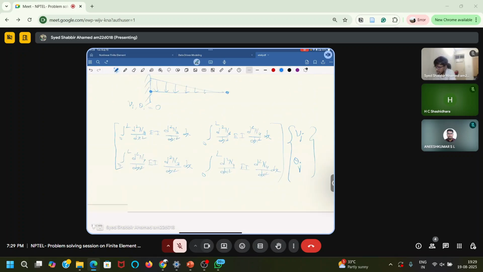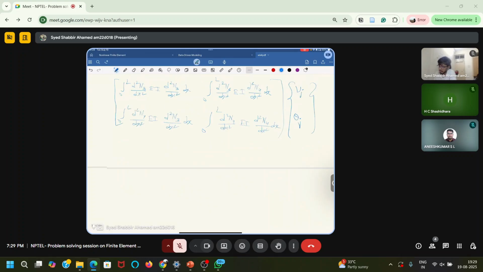So those are our essential boundary conditions. We have enforced the essential boundary conditions.